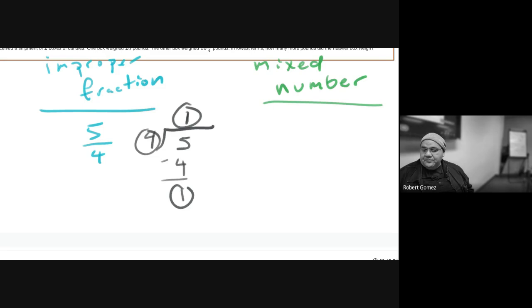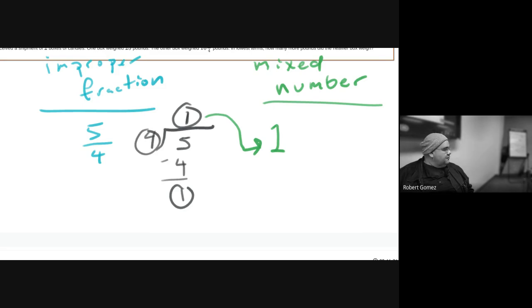This number 1 becomes our whole number. So the quotient, the answer, is 1 and 1/4, and this is how we get it. That 1 becomes a whole number.